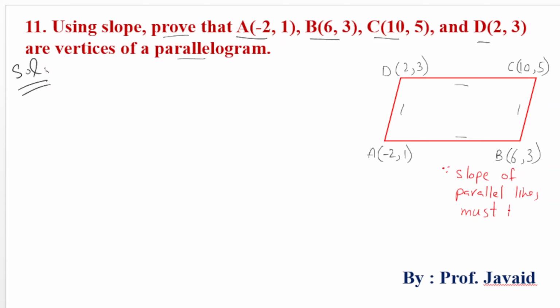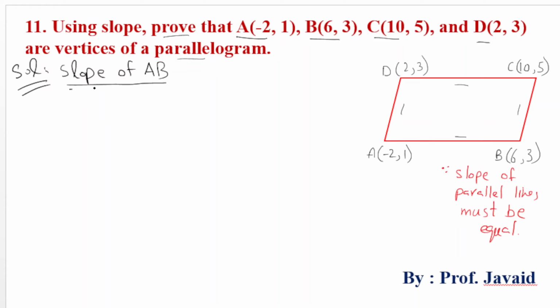So what we have to do is just find the slopes. In a very simple way, in just 1 or 2 minutes we will solve it. Slope of AB first of all.